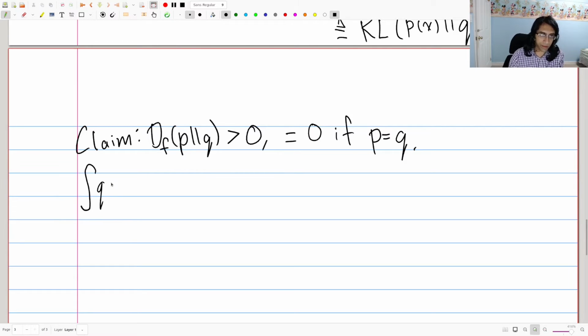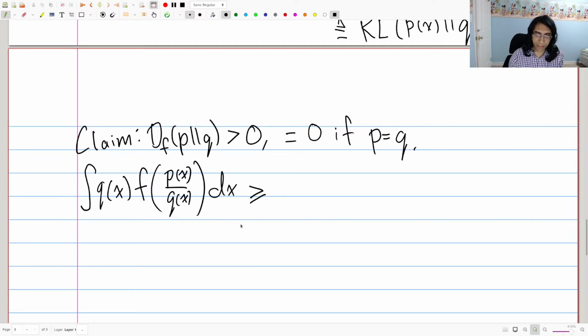So if we just write this out, then we're going to have q of x times f of p of x divided by q of x. And by applying what's known as Jensen's inequality, which basically says that for convex functions, you can pull the function outside of the expectation if you're taking the expectation of a function like this.